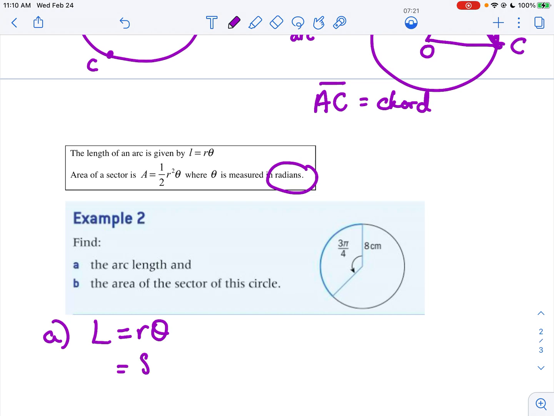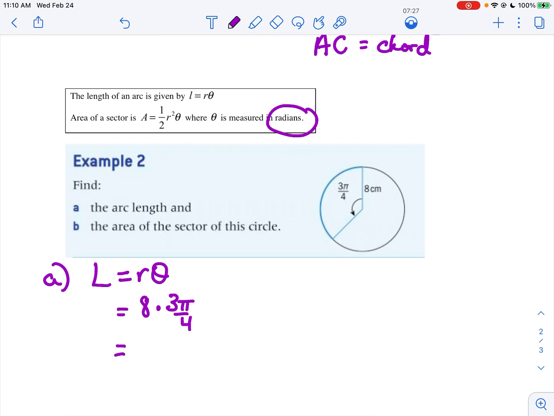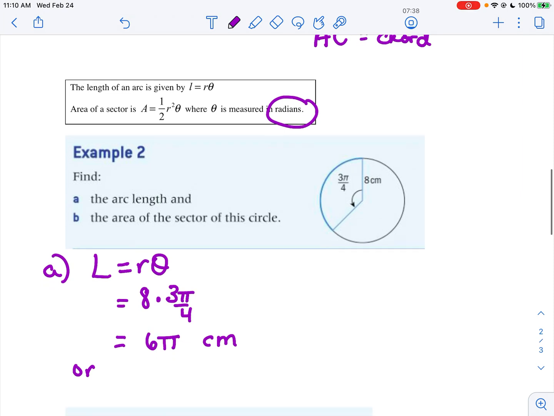So my radius is 8. My theta is in radians. So you can do this if this would be on the non-calculator part of your IB exam. That would be 6 pi, and this looks like centimeters. Or if it's on the calculator part, that's 18.8 centimeters.